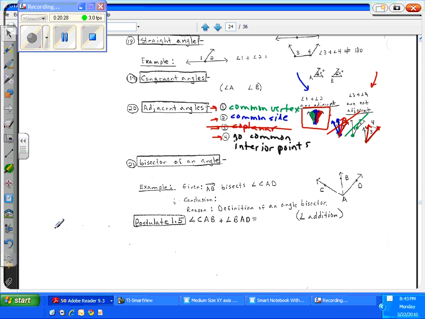Well, angle 3 is this angle, and angle 4 is the whole big angle, which shared that common vertex. They do have a common side over here. So this example to the right, they are coplanar. They do have a common vertex right there. They do have a common side right there, but the points on the inside of angle 3 are here.